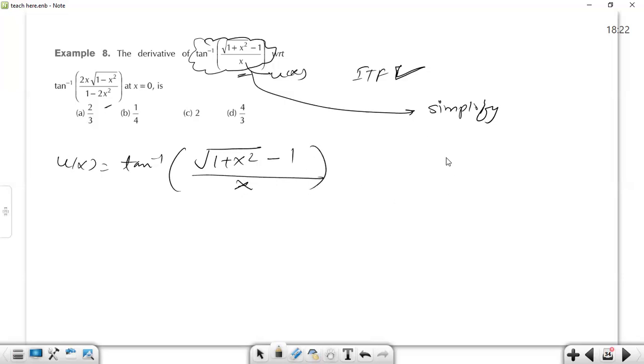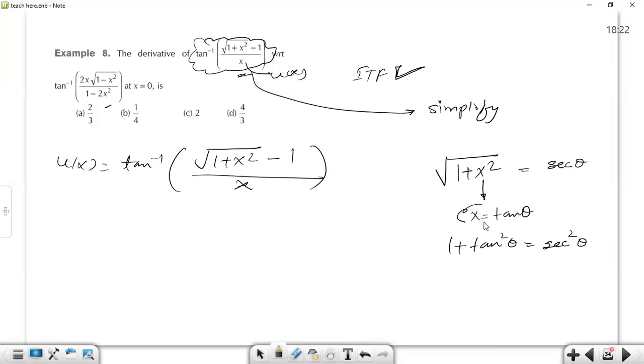As it is in the form of 1 plus x square, we can put x equals tan theta. Why? Because there's a 10th class identity which says 1 plus tan square theta is equal to sec square theta. So square root of 1 plus x square will become sec theta. Remember this, that we have assumed x equals tan theta.